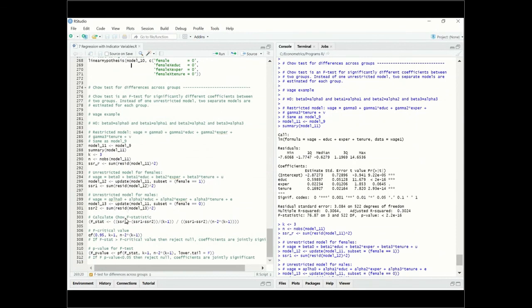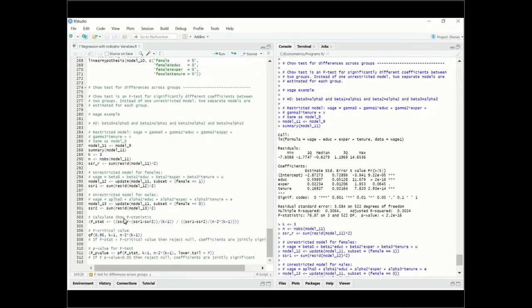And the way to calculate the Chow F statistic is basically look at the sum squared residuals for the restricted model that we have up above from here, where we have both of the groups estimated together. And then we have, this is the sum of square residuals for females and the sum of square residuals for males.